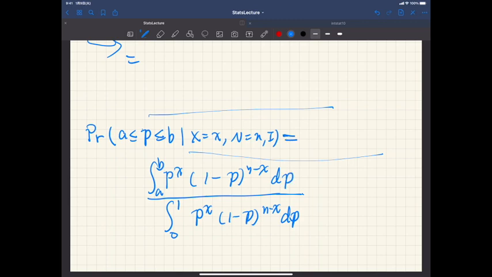So this probability can be calculated as this.